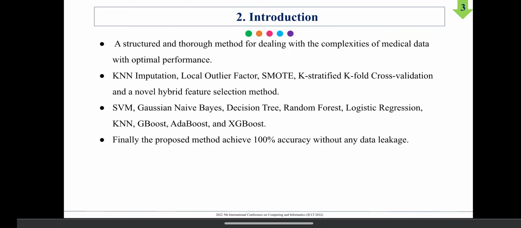Applied algorithms are SVM, Gaussian Naive Bayes, decision tree, random forest, logistic regression, KNN, GBoost, AdaBoost, and XGBoost. Finally, the random forest can detect CKD with 100% accuracy without any data leakage.